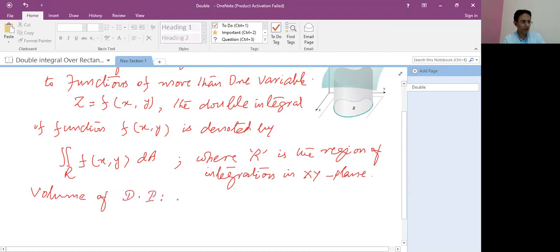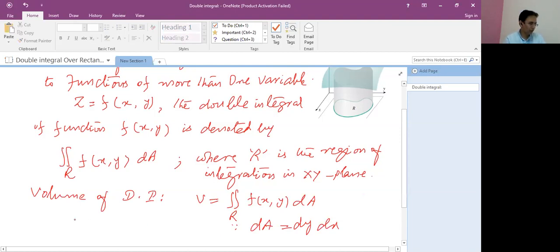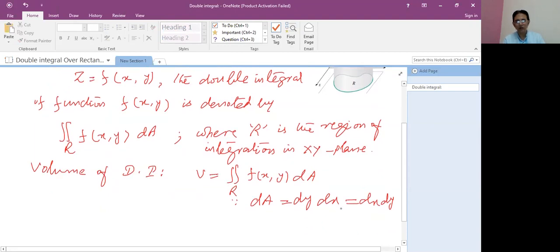The volume is V equals double integral over R of f of xy dA, where dA is equal to dy dx. Or if you change the order of integration, there is no change. In both ways, we will find the same volume.